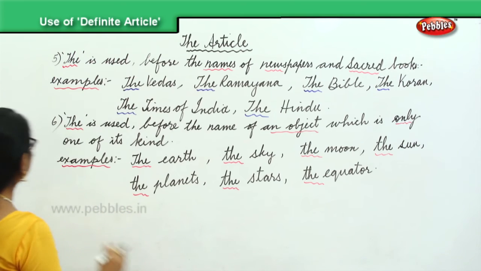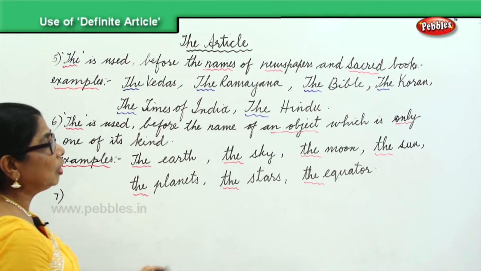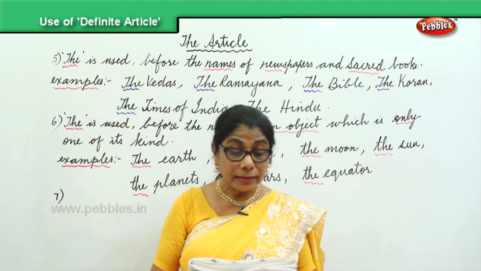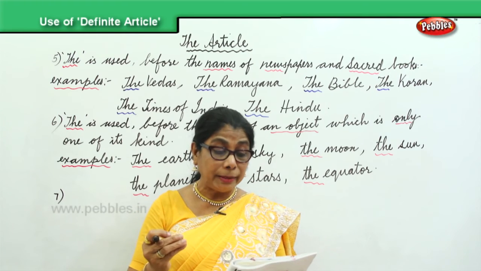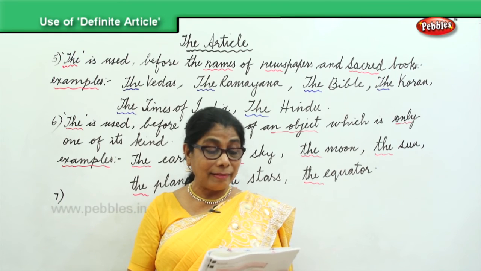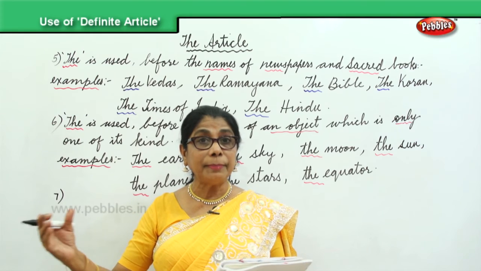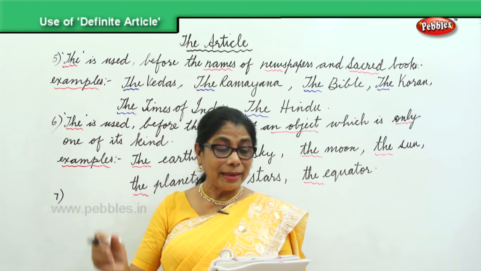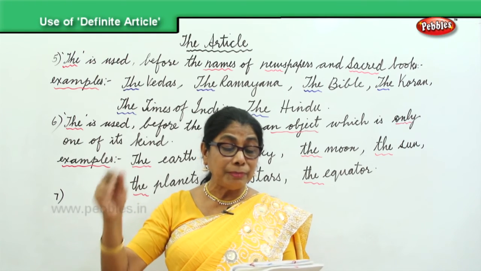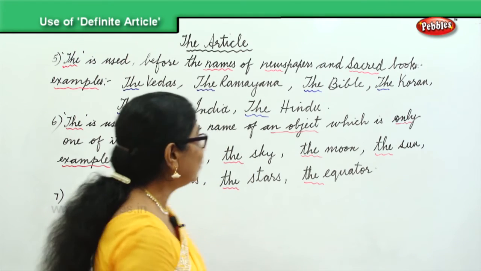Next category, the seventh type. The definite article the is used before the names of groups belonging to different countries and religions, like the Hindus, the Muslims, the Christians, the Germans, the Italians.